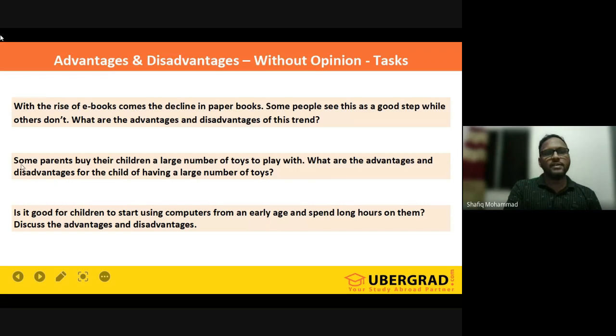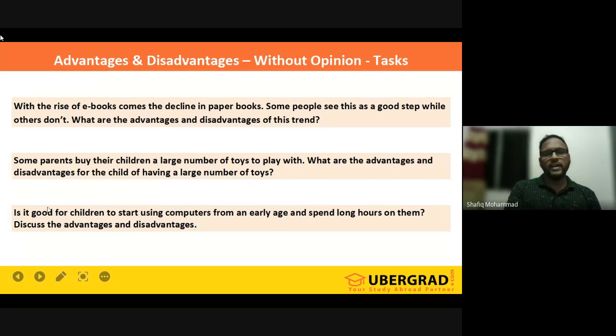Another topic: some parents buy their children a large number of toys to play with. What are the advantages and disadvantages of a child having a large number of toys? Is it good for children to start using computers from an early age and spend long hours on them?